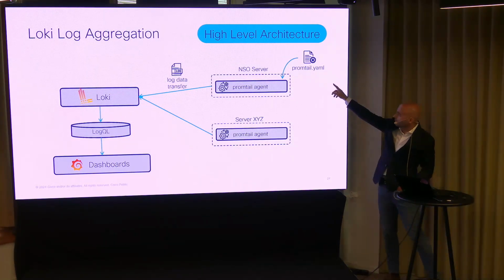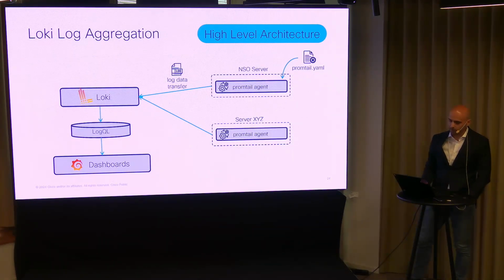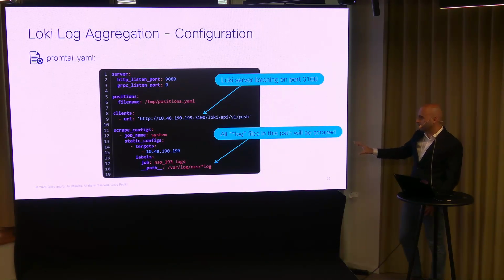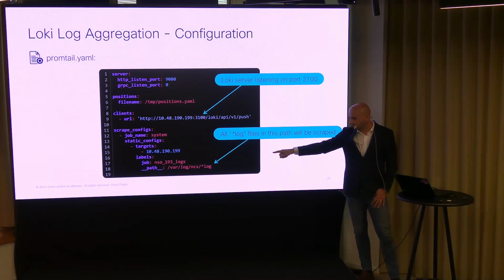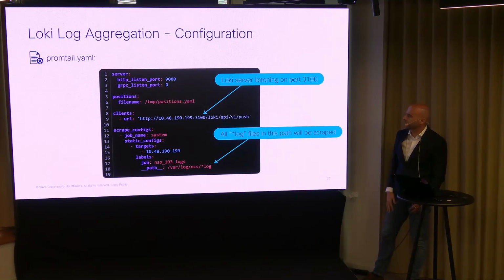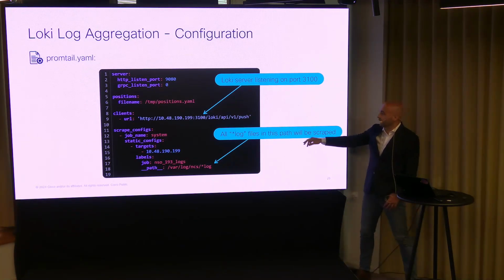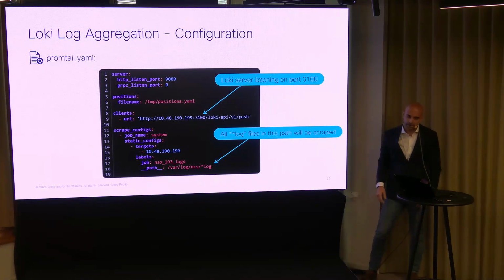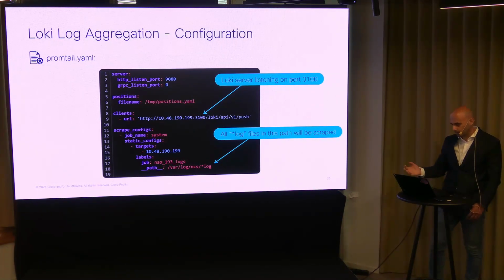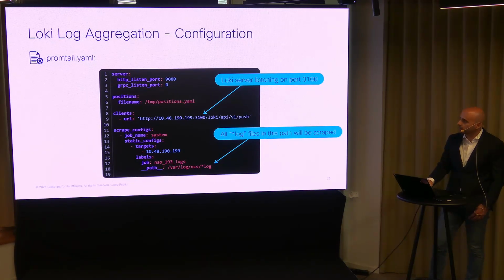Next I will show you some quick configurations of the Promtail YAML file. It's also quite simple. We just need to say where the files are that we want to scrape or monitor, and you can use regular expressions to identify multiple logs, and we tell it where to push the data. This is where the Loki server is listening and waiting for these log messages.